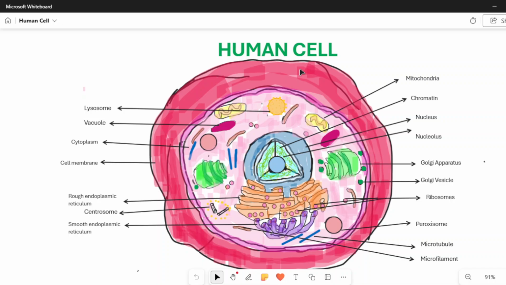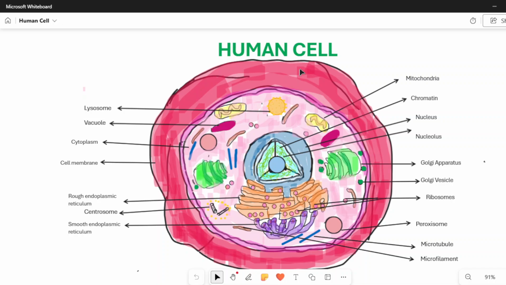We will see how these cells were formed in the first place and why it is important to even study this human cell at such a small microscopic level. We know how the organs function, so what is the use of trying to study the cell, which is so small, and the components which are even smaller than the cell itself?